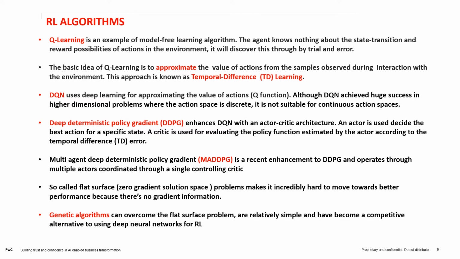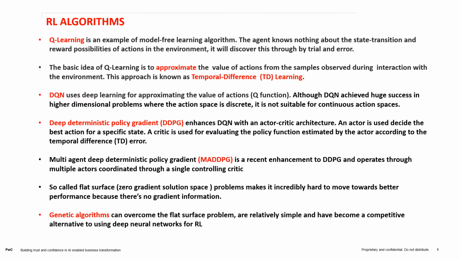But Q-learning has become a very popular class of RL algorithms. It's a so-called model-free algorithm, where the agent knows nothing about the state transition and reward possibilities of actions in the environment. It discovers this through trial and error.